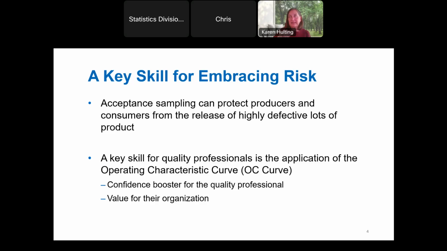In that statement, it doesn't say that acceptance sampling is going to guard us against any decrease in quality. It's not very good at alerting us when a very small change has happened. It's really good at alerting us when a big change has happened. Now, we hope big changes don't happen, right? We hope that we don't have big surprises, but in risky industries, it's great to have this insurance policy.